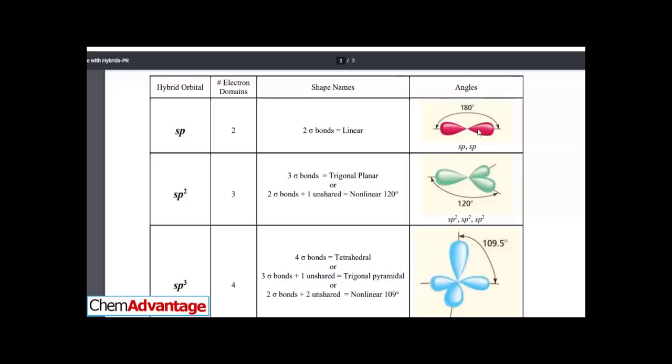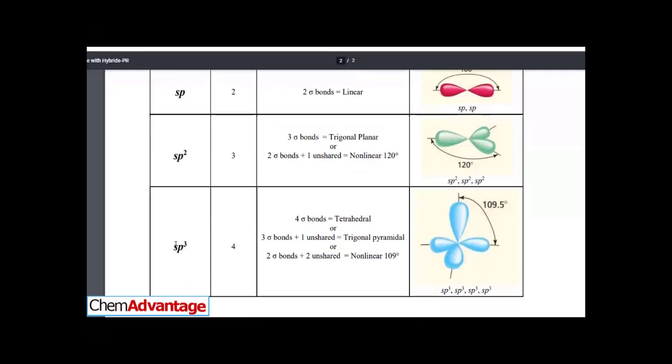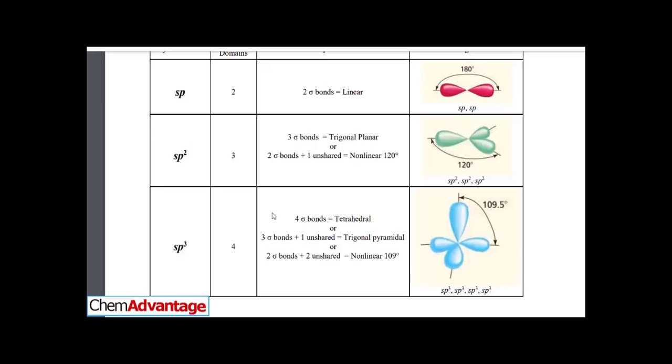And we've got the associated shapes, linear, trigonal planar, as we had for boron trifluoride. And in this case, the more common one, the sp3. In fact, we've got 4 clouds of electrons, and all at roughly 109 degrees. Each one of these orbitals is called an sp3 hybrid because it's a combination of s and p orbitals. So, okay, that takes care of a couple of really critical questions.